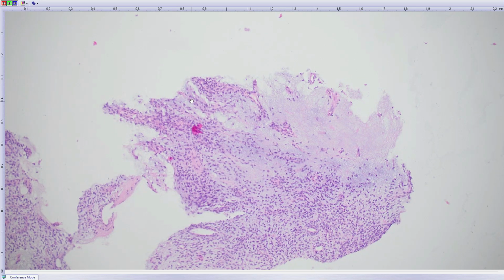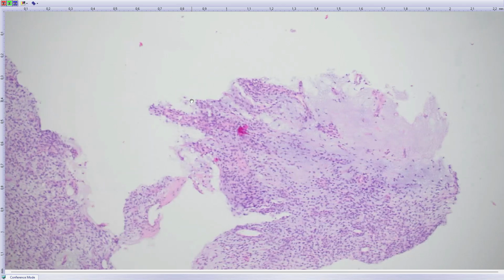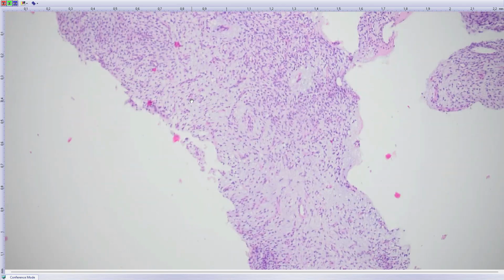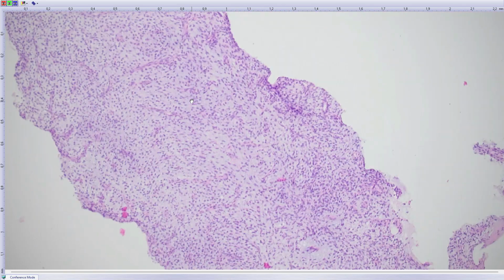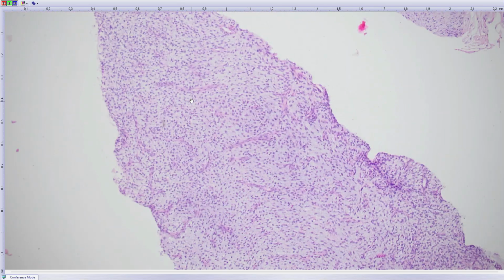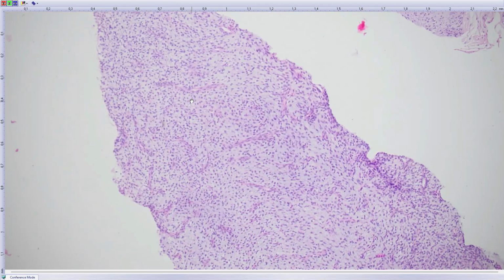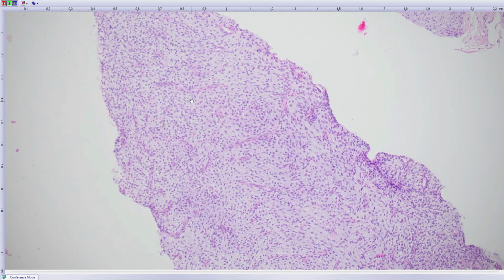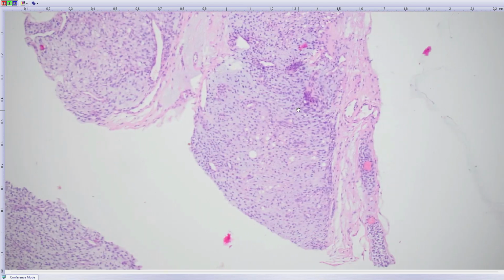So some quite monotonous ovoid cells, myxoid stroma, no pleomorphism. Then you have these quite prominent thin-walled vessels, arborizing vasculature, and very helpful findings are here.